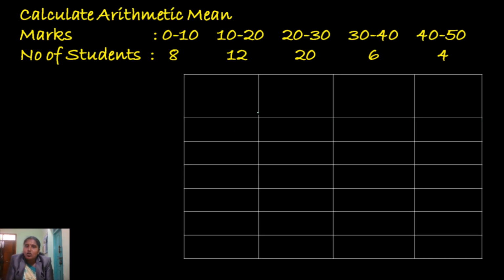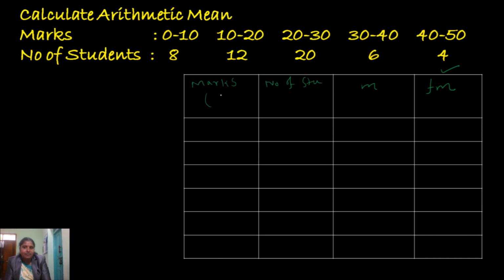Let's now construct a table consisting of 4 columns. The first column represents the marks of students, the second column represents the number of students, the third column represents the mid value of each class interval, and the fourth is the product fm. For that we construct this table now.